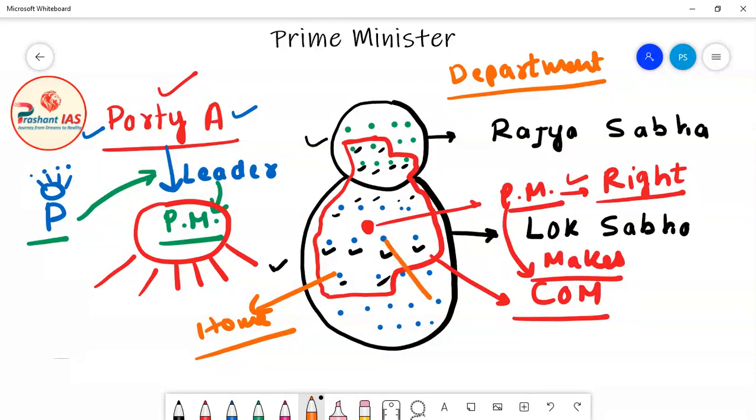This person will become Defense Minister, so he will become Defense Minister. So it is the special power of the Prime Minister to choose his ministers and to distribute ministries to them. So friends, this is the second power of the Prime Minister of India.